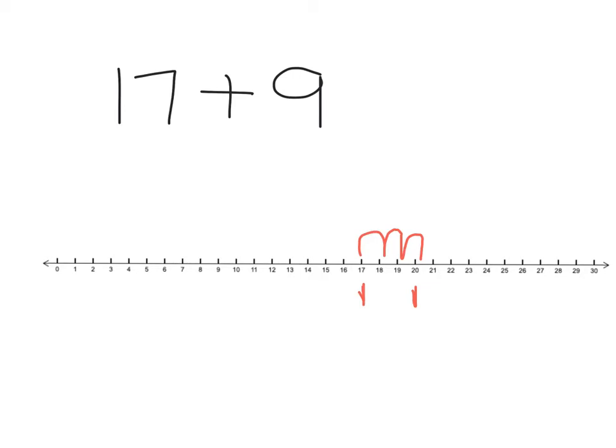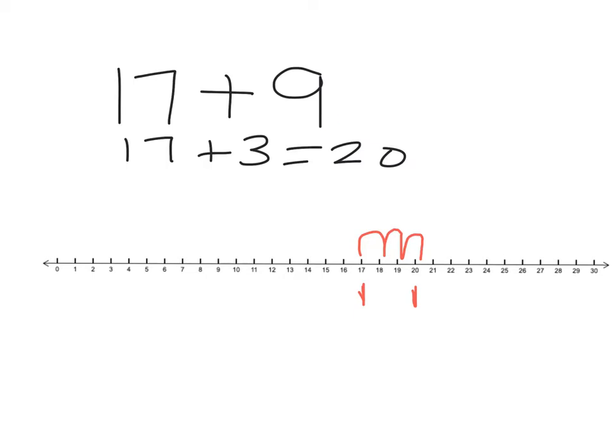So I'm going to record that now. So I went 17 plus 3 got me to 20. So I've added 3, but I can see here that altogether I need to add 9.